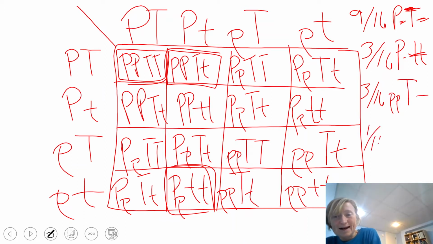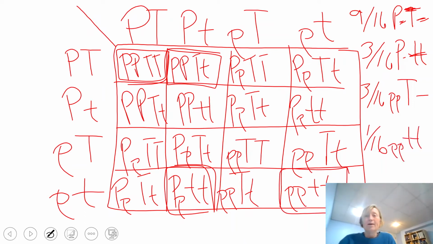And 1 of the boxes, this little guy down here, will be both white and short. Will inherit the homozygous recessive condition. 9:3:3:1. This is the phenotypic ratio for a typical dihybrid cross. Yes, between 2 diheterozygotes. Okay?